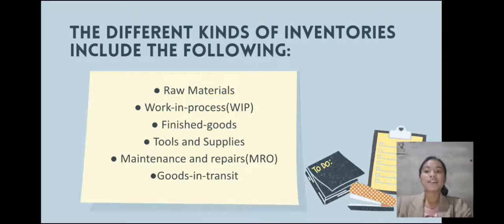So there are different kinds of inventories, and these include the following: raw materials, work in process or WIP, finished goods, tools and supplies, maintenance and repairs or MRO, and goods in transit.